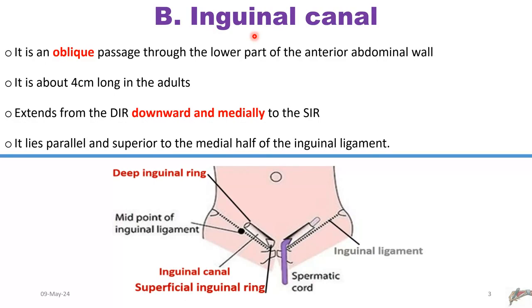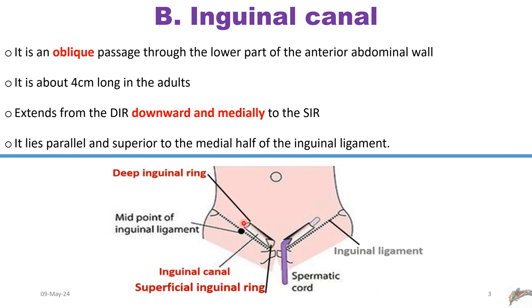Within the inguinal region, we have an oblique passageway where those structures will pass, the structures that will be running down to the genitalia or from the genitalia up into the abdomen. Those structures are going to be going through what we call the inguinal canal. It's an oblique passageway, as you can see.